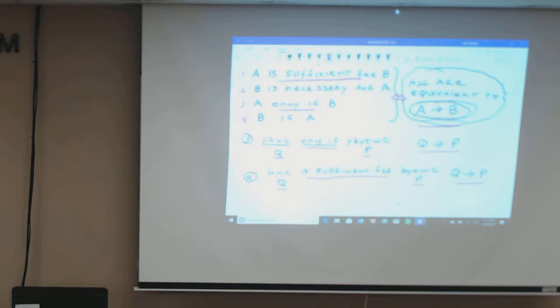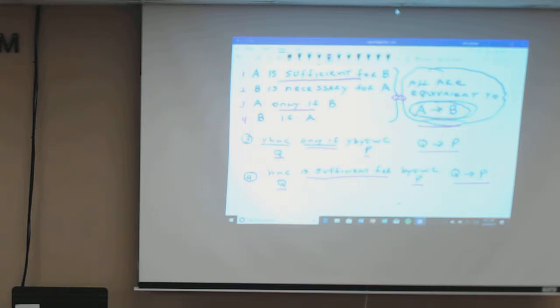If Q, then P. You follow that? You look at the chart and say, okay, sufficient stays in that order. Only if stays in that order.